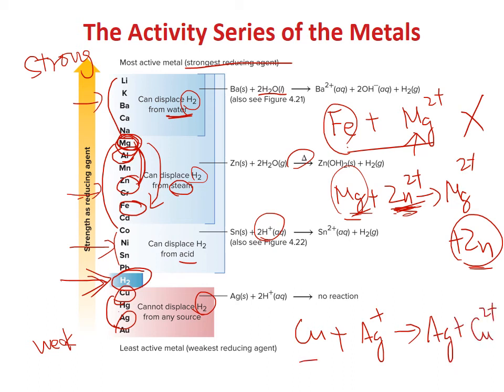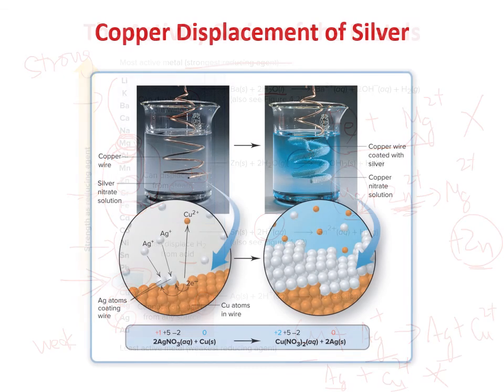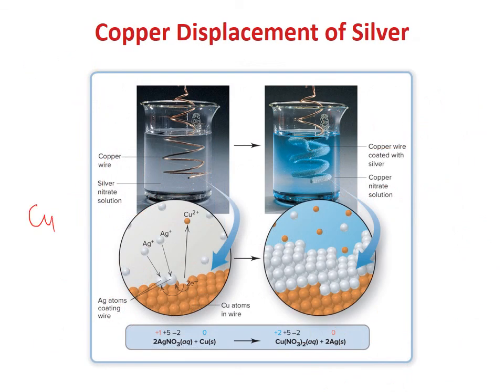On the opposite side, if you have silver placed in copper solution, nothing will happen. Silver cannot reduce copper ion because copper is above silver and has a stronger reducing power.